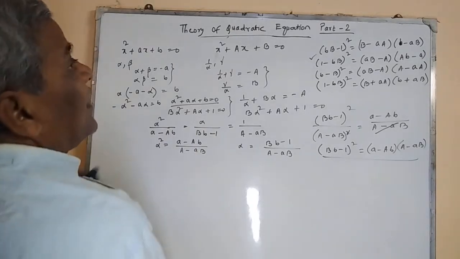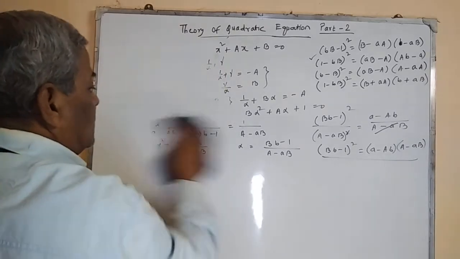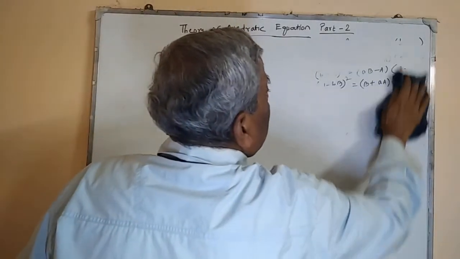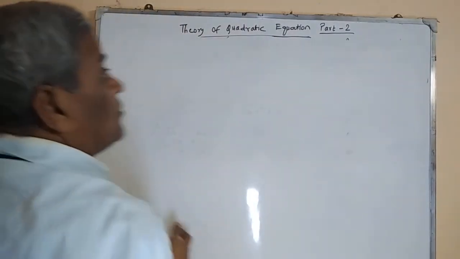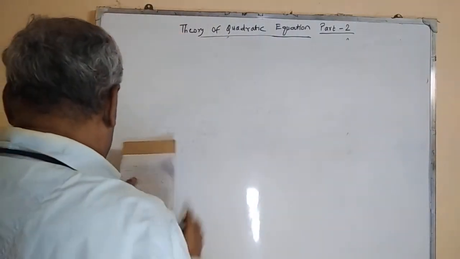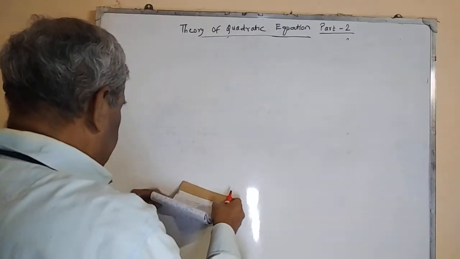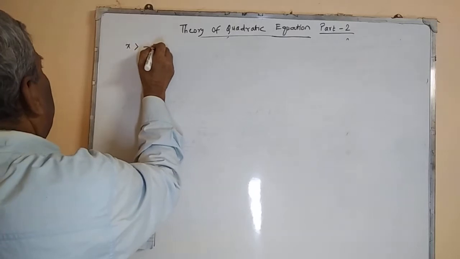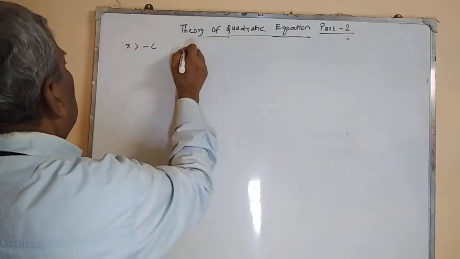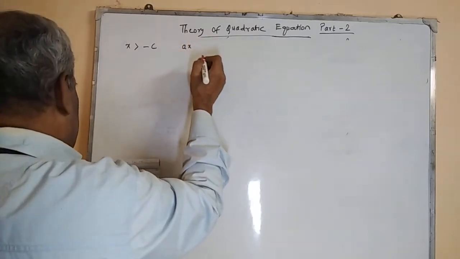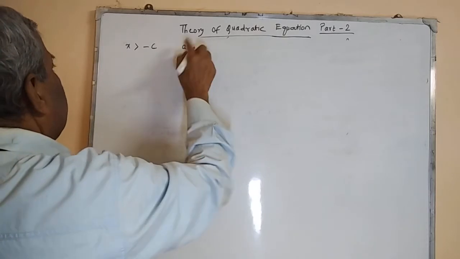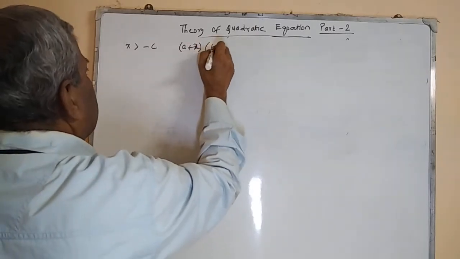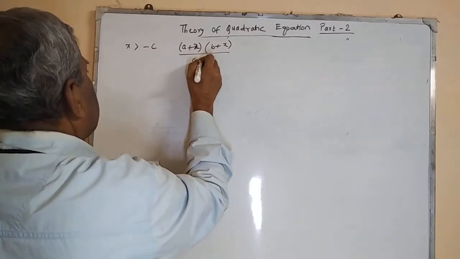Second problem. Second problem is, if x is greater than minus c, then least value of (a plus x) into (b plus x) by (c plus x).